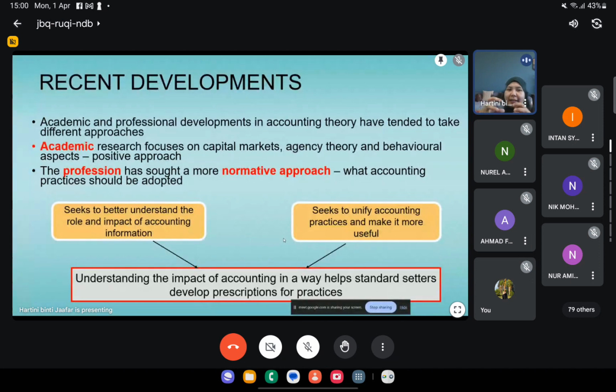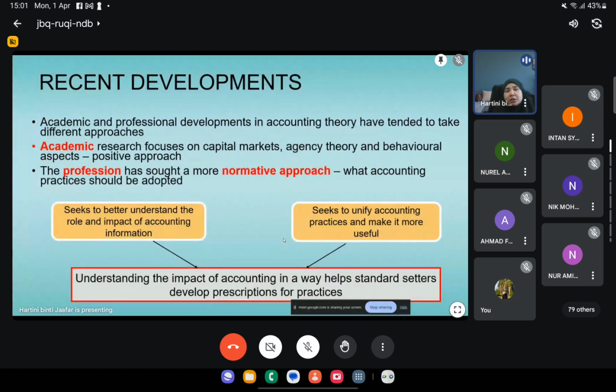Tapi how they are going to blend these two different approaches together, because sometimes what happens now, I think the MASB and the IASB have been keeping an open mind. Okay, they are inviting and also offering a lot of grants for research to be done empirically.